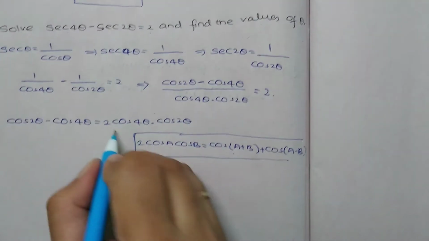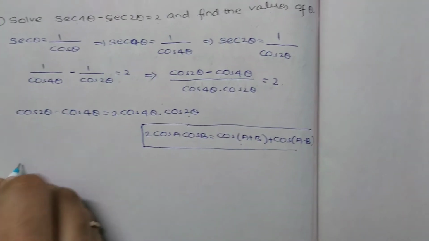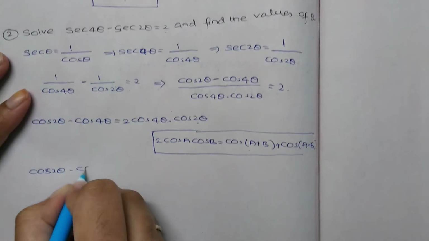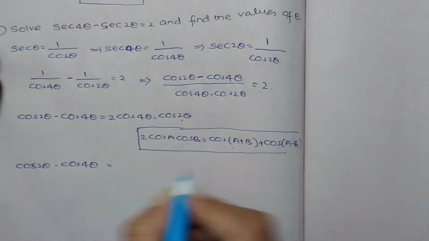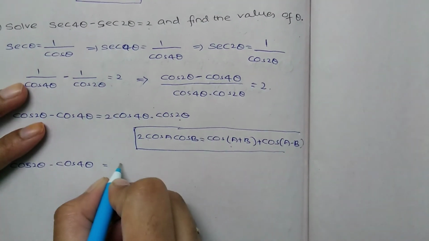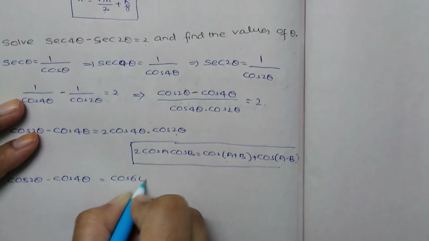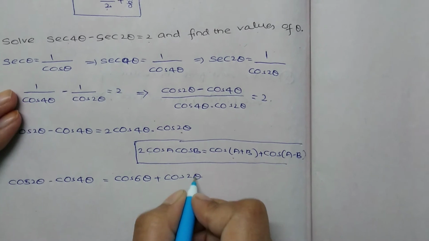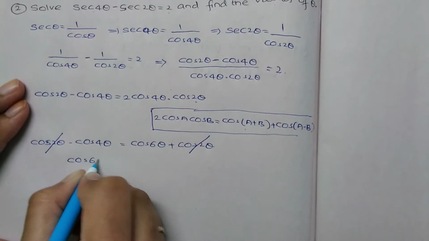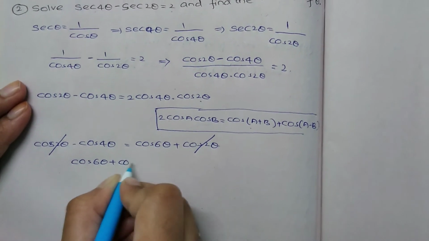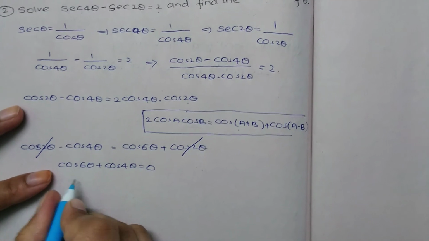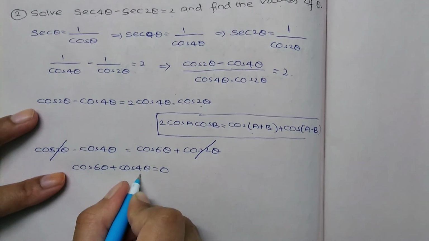So applying this to the RHS, we get cos 2 theta minus cos 4 theta is equal to cos 6 theta plus cos 2 theta. This and this gets cancelled. Cos 6 theta plus cos 4 theta is equal to 0.